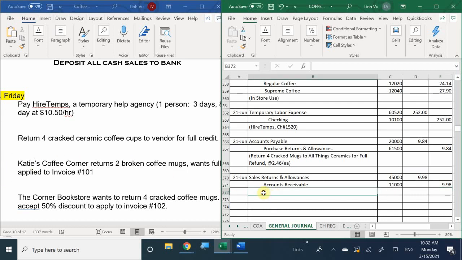And then I'm going to go ahead and place a note here. So what should I write here? Return for 2 broken mugs on invoice 101. Okay. Return 2 broken mugs.